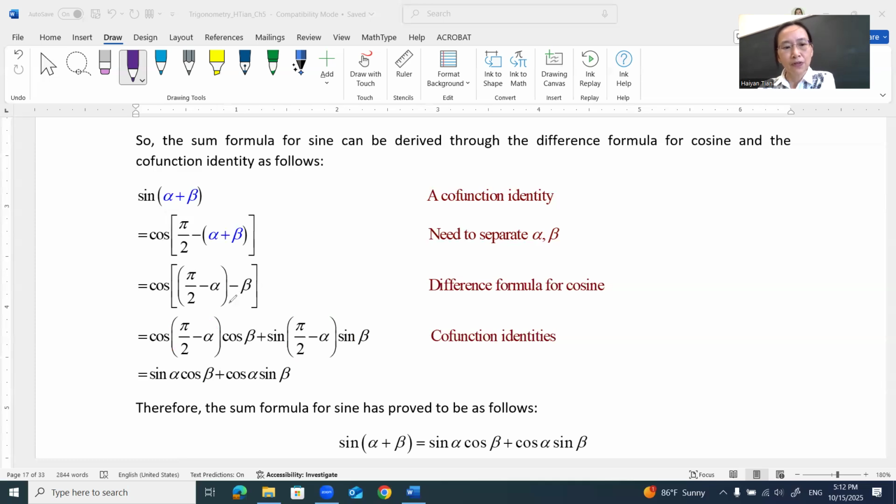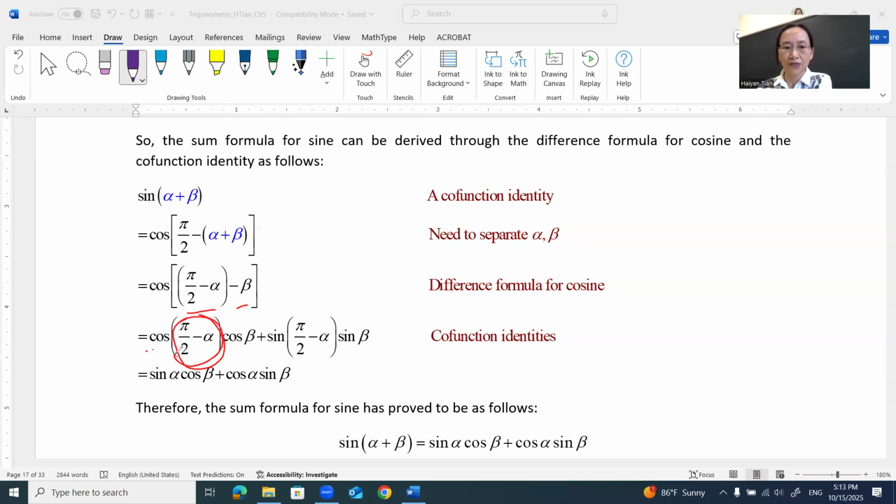After we apply the difference formula for cosine, which is the formula we already know is true, it's just a very specific application, right? After we do that, what's the cosine of this? That's the cofunction identity.